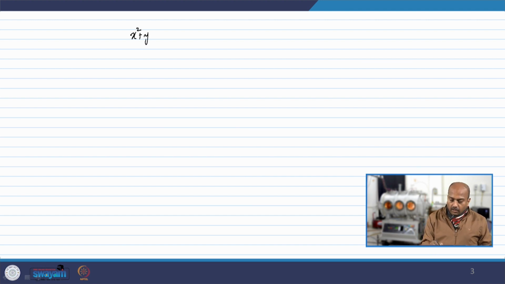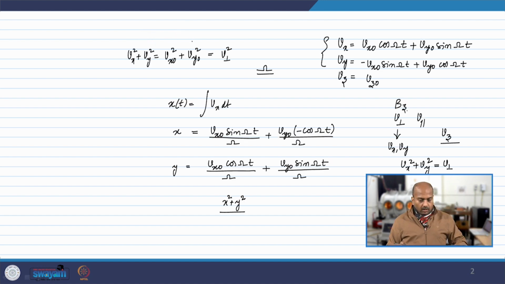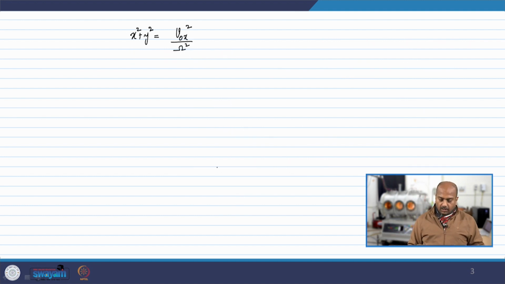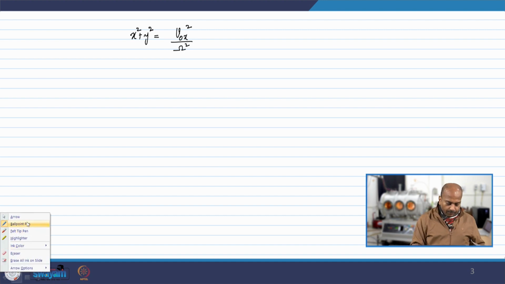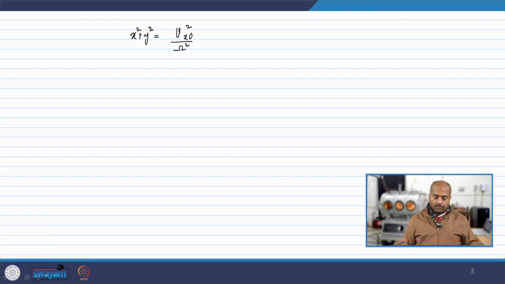X square plus y square is Vx0 square by omega square. I've been calling it V0x, so let's say we write it as Vx0 to avoid any confusion. Both the things are same, the way we have considered it at least.